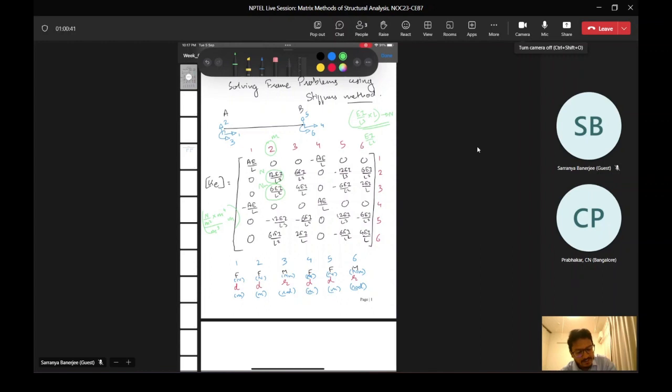And why is this L square required? Let's forget about this EI by L square. We know EI by L to the power something, say n, into L. Let me write it over here.